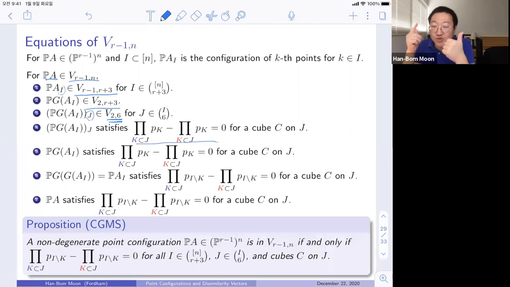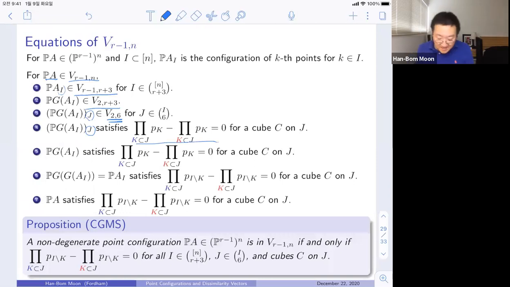We need to choose a cube C on the set J, and the defining equation is a difference of two monomials. Now we go backward. If we forget J, that means we take the pullback, and still the same defining equation holds.